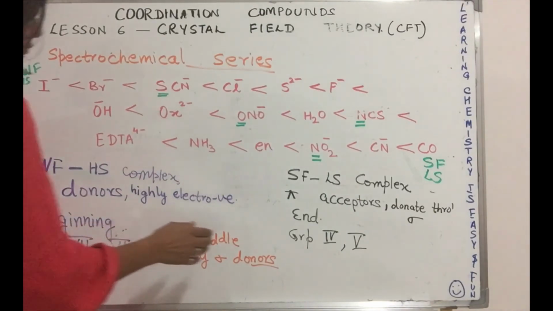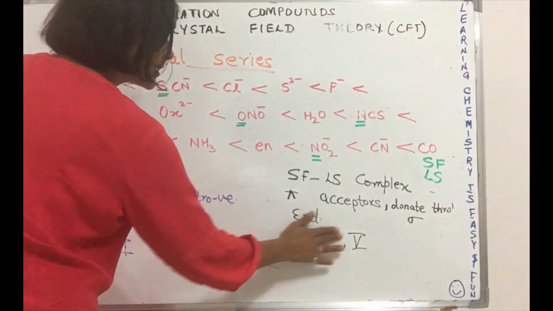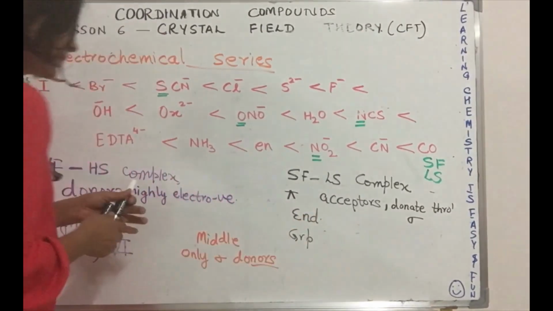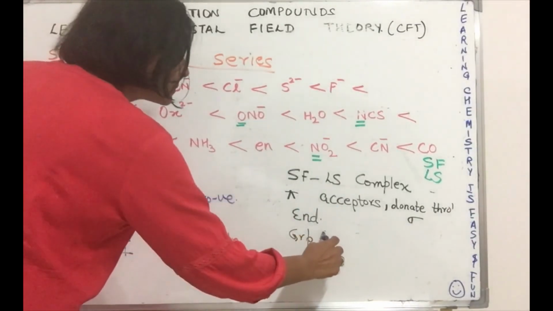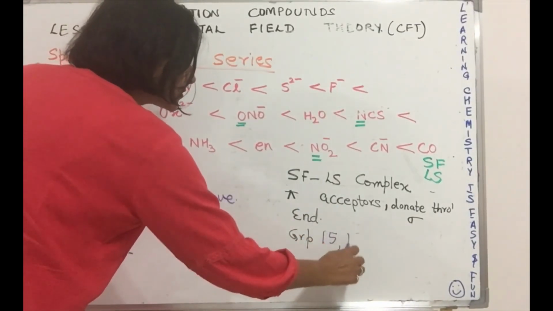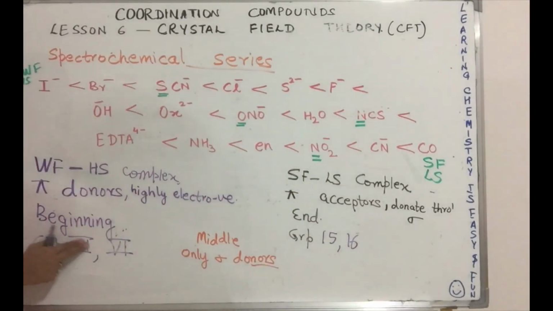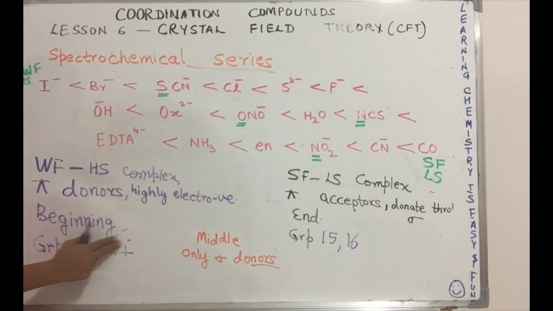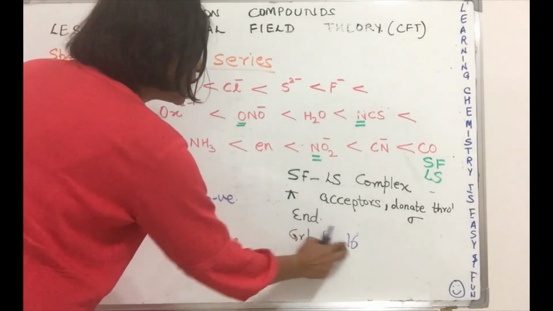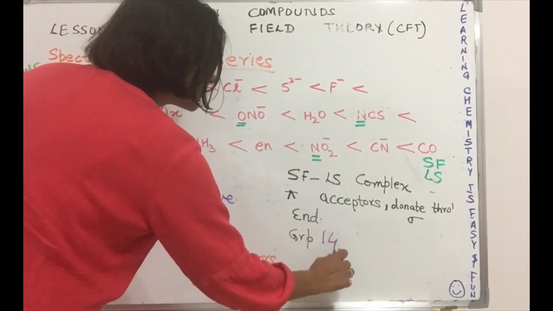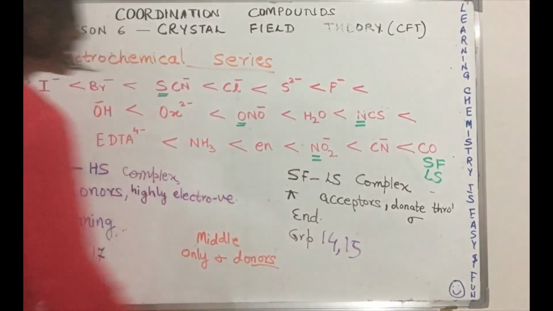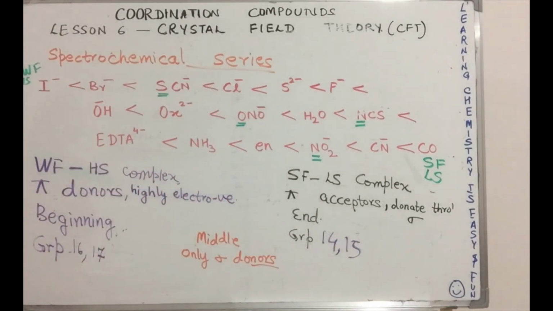Sorry, to be more appropriate according to the modern system, we will have group 15 and group 16, and sorry, this was according to the older system, and this is group 16 and group 17. So this is group 14 and group 15 of the periodic table, right?